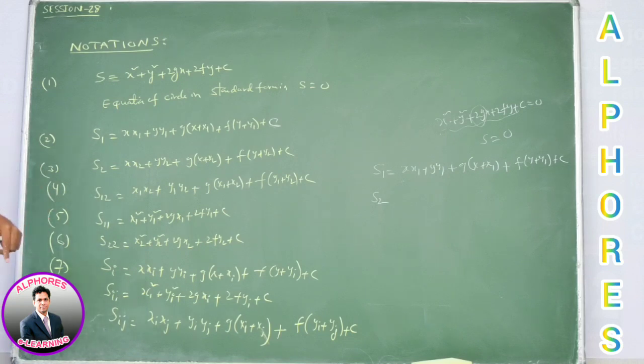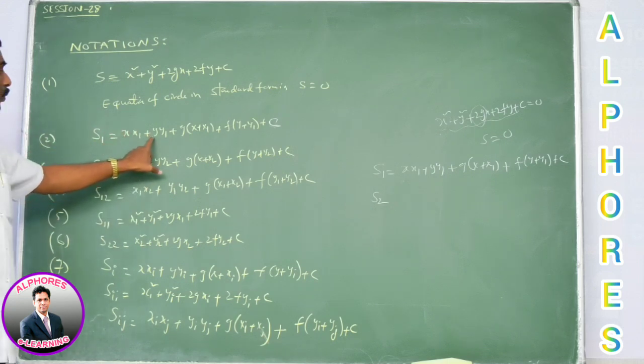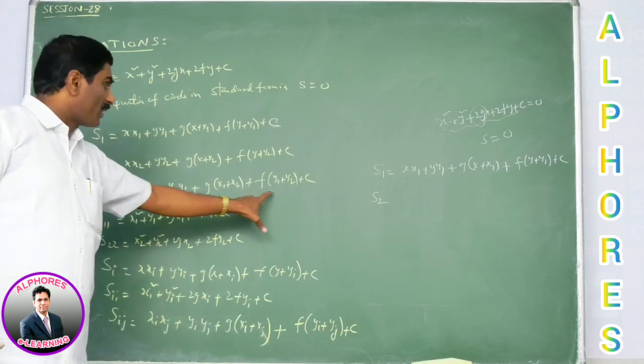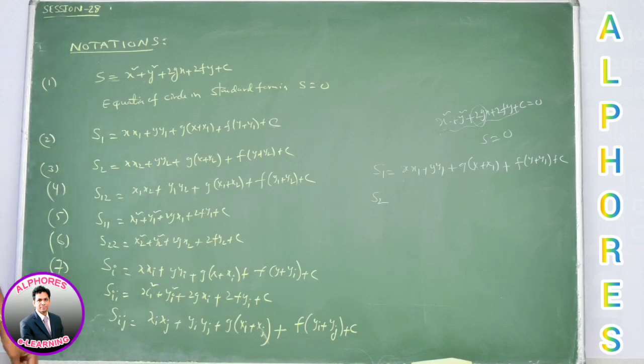Okay. Next, S12. Already we know about S1. In this case, x, y can be replaced as x2, y2. See, in S1, substitute the value of x2, y2 in this expression. That means x1x2 + y1y2 + g(x1 + x2) + f(y1 + y2) + c. That is S12. Okay. Next, S11.